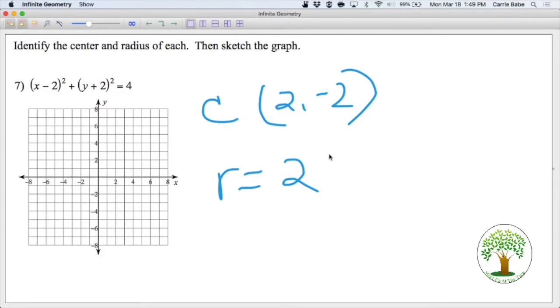It's at 2, -2, right there. Yes. And my radius comes 2 to the left, to the right, to the top, to the bottom from that point. So it's going to come 2 out over here, 2 over there, 2 up there, and 2 down there.